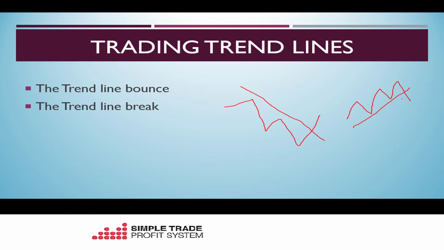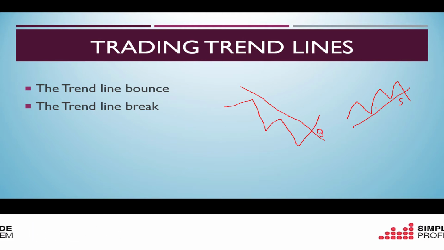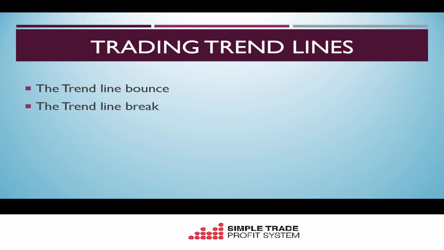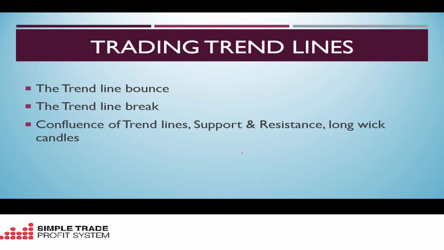Once it breaks it, you could put a sell in here. So you're trading the break of the trend as opposed to trading the bounce, which would be here of the trend. And then the third strategy is confluence of trend line, support and resistance, and long wick candles.